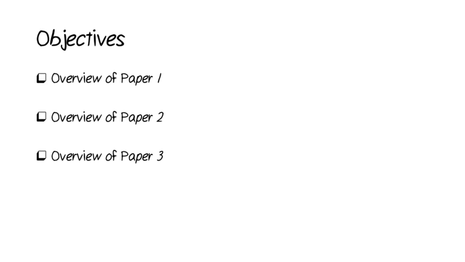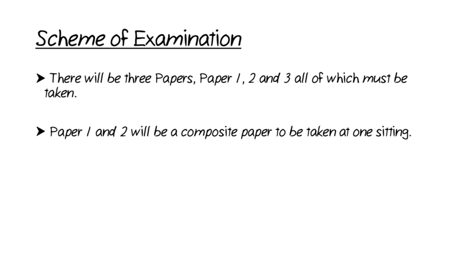My objectives for today are an overview of paper 1, an overview of paper 2, and an overview of paper 3. Now, this is a general scheme of the examination. In a chemistry examination, there are going to be 3 papers, namely paper 1, paper 2, and paper 3.